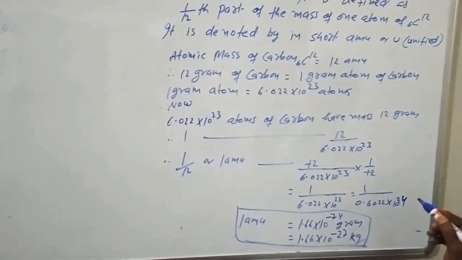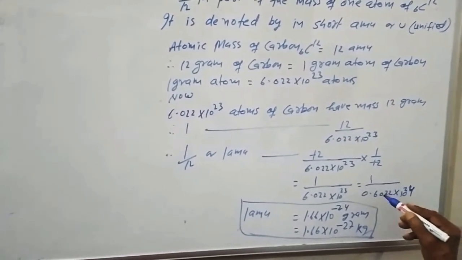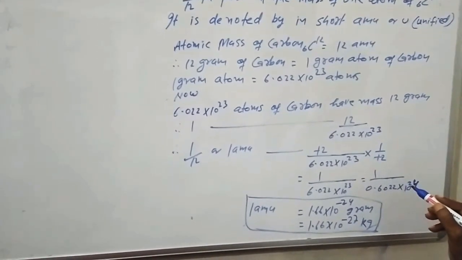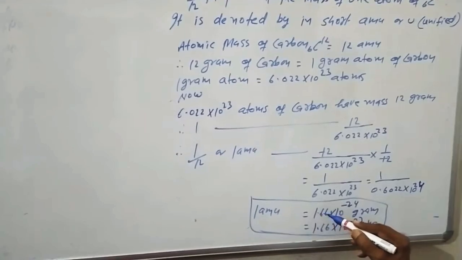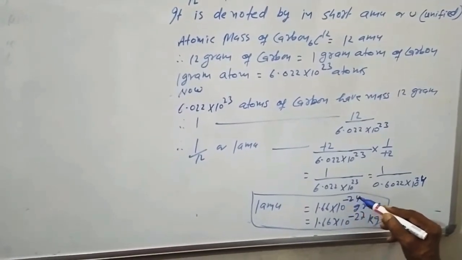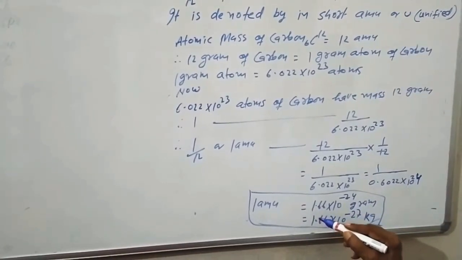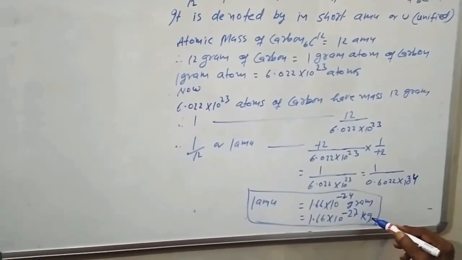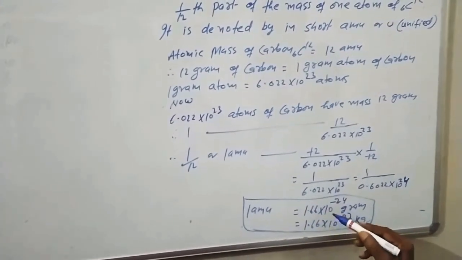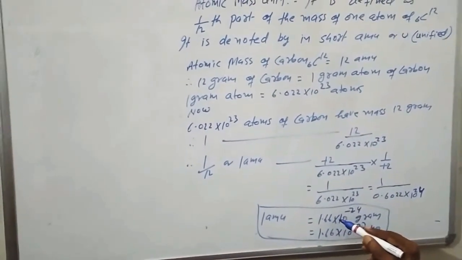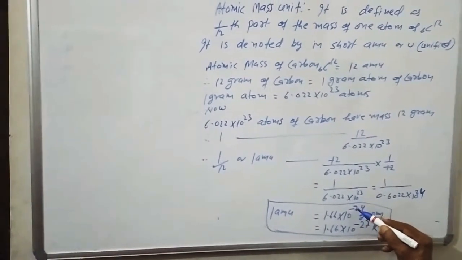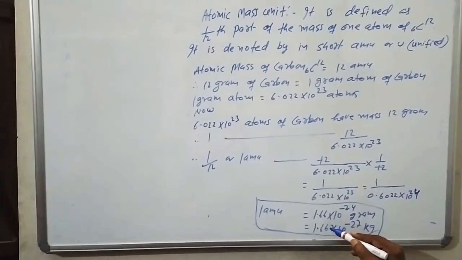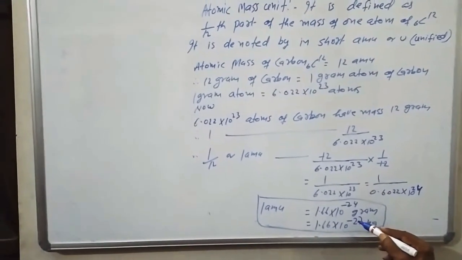And when we divide 1 by 0.6022 into 10 to the power 24, we get 1.66 into 10 to the power minus 24 gram, or 1.66 into 10 to the power minus 27 kg. So 1 amu is equal to 1.66 into 10 to the power minus 24 gram, or 1.66 into 10 to the power minus 27 kg.